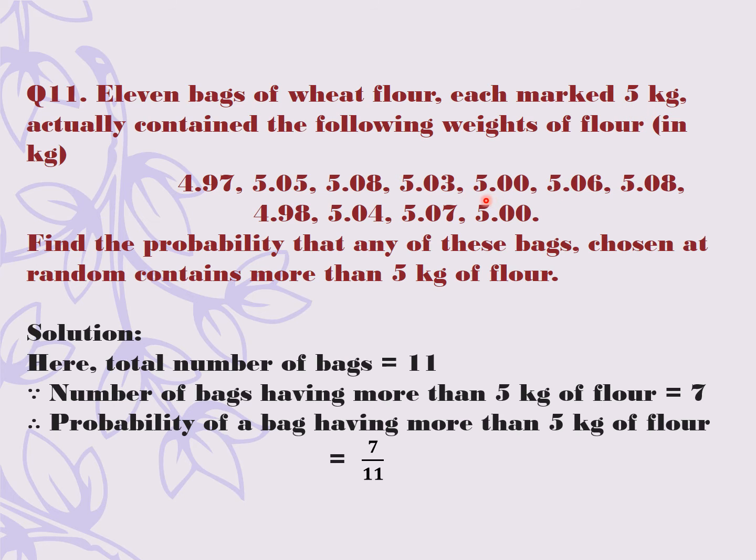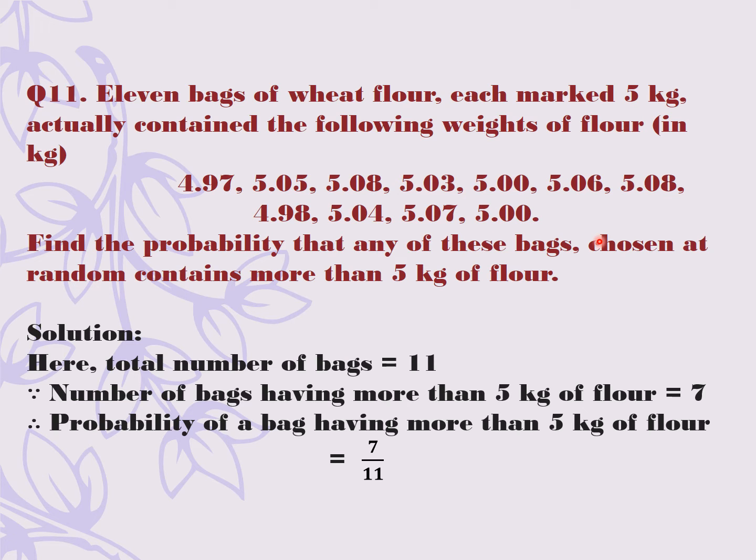That means we cannot include 5 kg as our data. So 5.05 is one such bag, 5.08 is another, 5.03 the third one, 5.06 fourth, 5.08 fifth, 5.05 sixth, 5.07 seventh, and that's it.